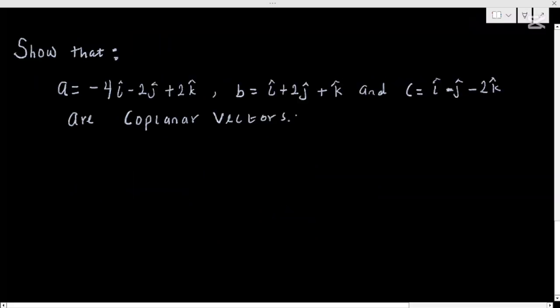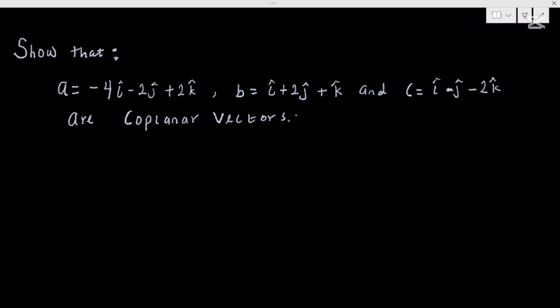Now we want to show that these three vectors A, B, and C are coplanar vectors, right? We already know that mathematically we can say the three vectors are coplanar if their scalar triple product is equal to 0.